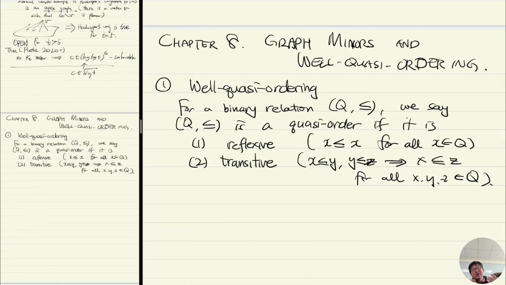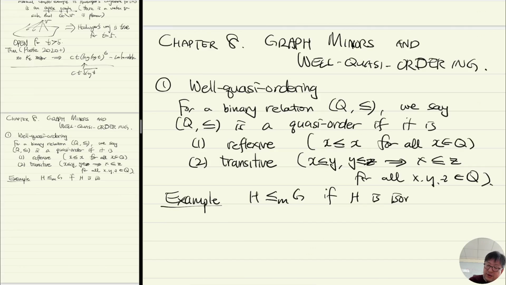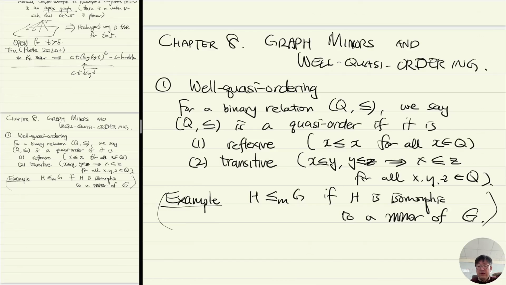Now we will talk about quasi-orders because graph minor is one example of a quasi-order. For instance, H is less than or equal to G if H is isomorphic to a minor of G. Now this Q is the set of all graphs. This is a quasi-order because it's reflexive: a graph is a minor of itself.